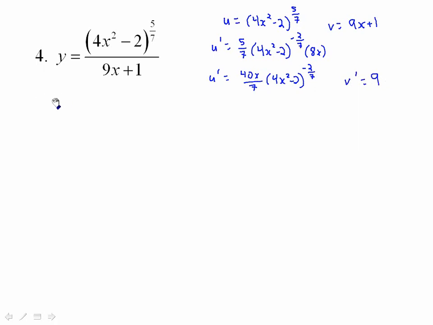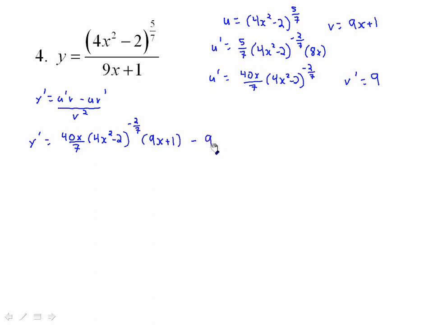So, moving on, we have it set up for the quotient rule. So y prime is equal to u prime v minus u v prime all over v squared. So y prime is equal to 40x over 7 times 4x squared minus 2 to the negative 2 over 7 times v, which is 9x plus 1, minus u times v prime.